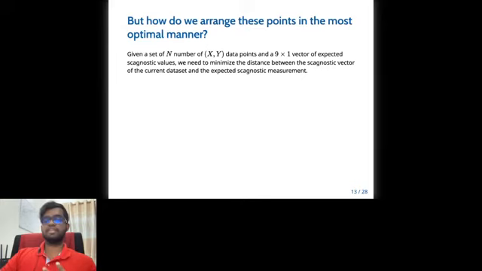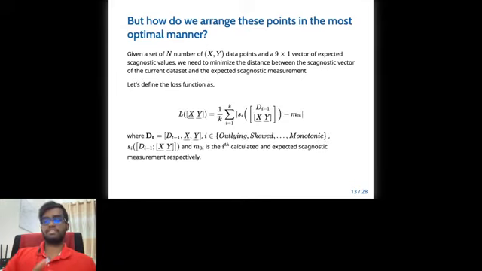So there I defined the loss function like this. Basically, what happens here is I have a 9x1 vector of calculated diagnostics and a 9x1 vector of expected diagnostics. I'm taking the mean absolute error between these two diagnostic vectors to get a final loss value.